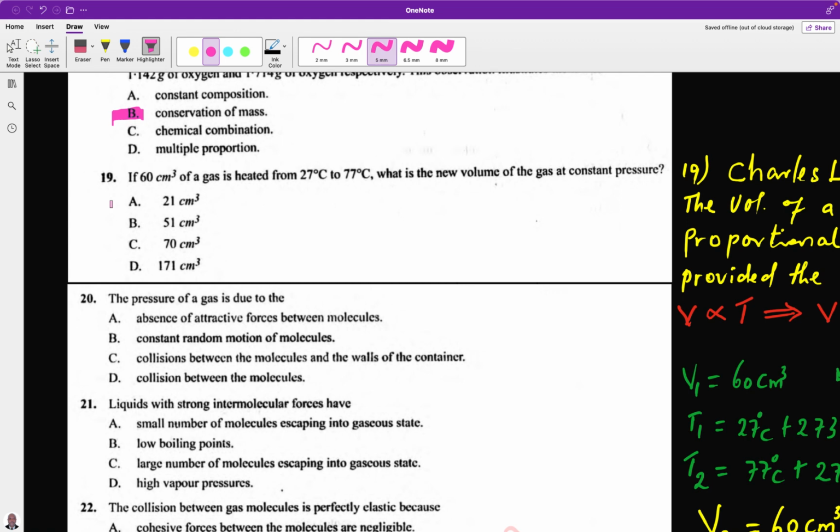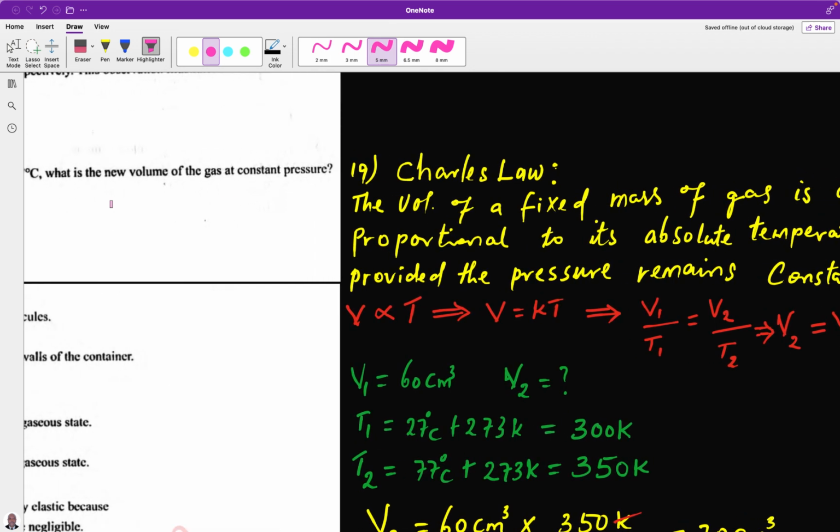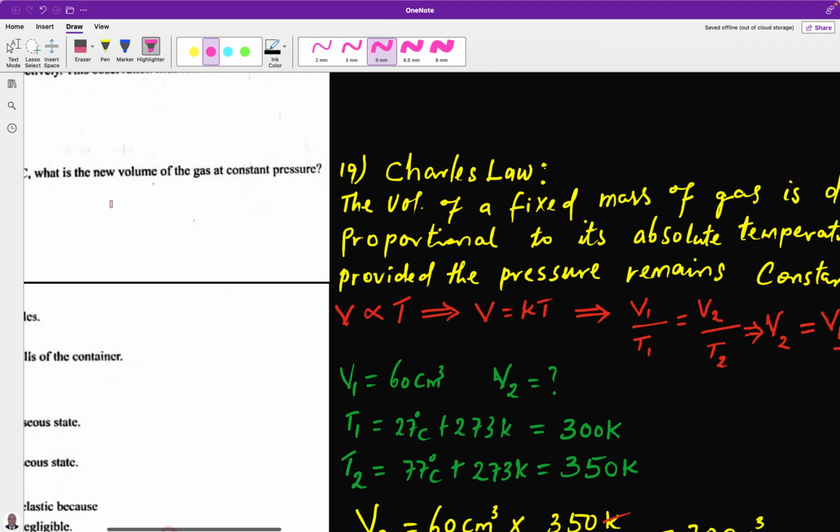Okay, there are different gas laws, we can have Charles' law, Boyle's law. Now, what is Charles' law? Charles' law states that the volume of a fixed mass of gas is directly proportional to its absolute temperature, provided the pressure remains constant. We have been told at constant pressure.